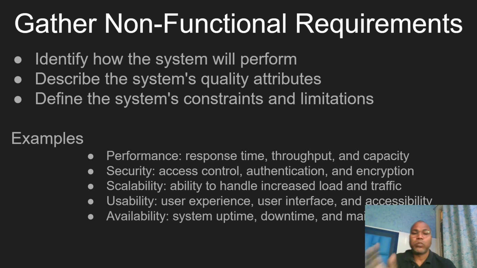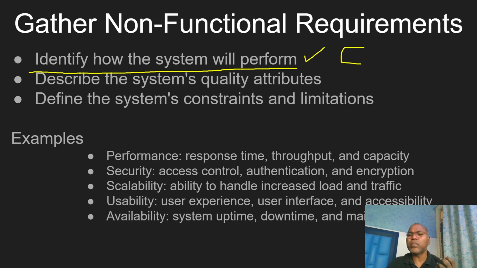Okay, so let's talk about identifying how the system will perform. This is a very basic question. Let's say you build some system and you think it is good for such a business case, such a requirement. According to you it's good, but is it really good for the customer in terms of response time and performance? Maybe you give very fast performance.